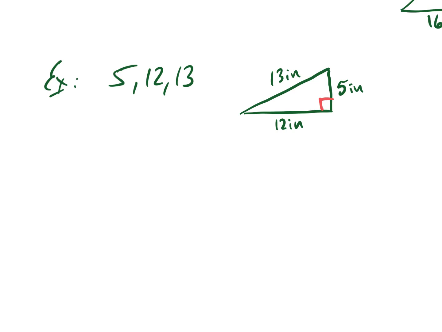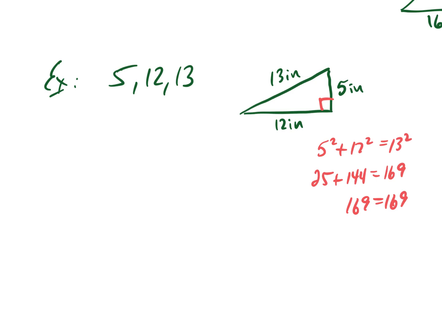And you can see that with the Pythagorean theorem. 5 squared plus 12 squared really does equal 13 squared, because 5 squared is 25, 12 squared is 144, 13 squared is 169, and when you add 25 and 144, you get 169.